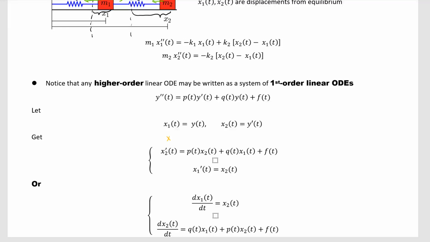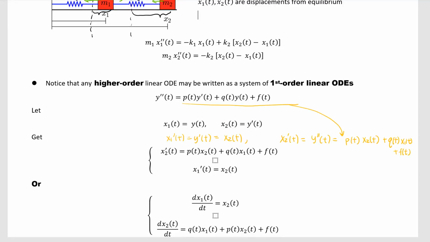Now x1 prime of t is y prime of t, which is x2 of t. But what is x2 prime of t? It's y prime prime of t, and y prime prime is this expression. So it's p of t times y prime of t, which is x2, plus q of t times y of t, which is x1 of t, and then plus f of t.